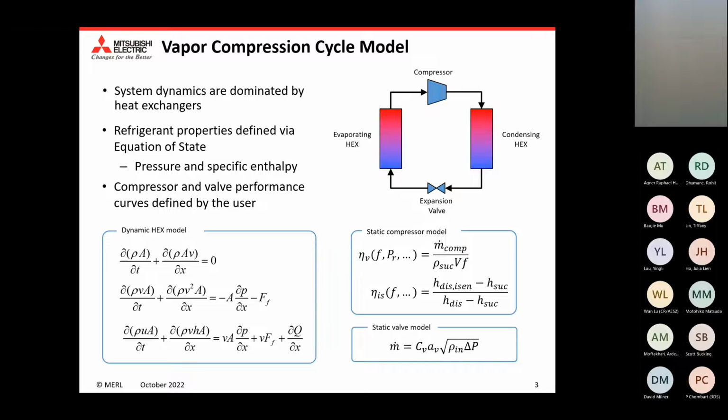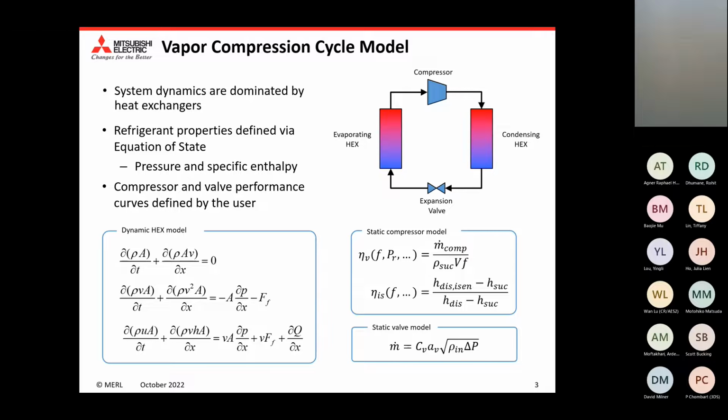evaporator. Typically, in a vapor control system, the most important components are the heat exchangers because they are used to exchange mass, momentum, and energy with other secondary fluids.